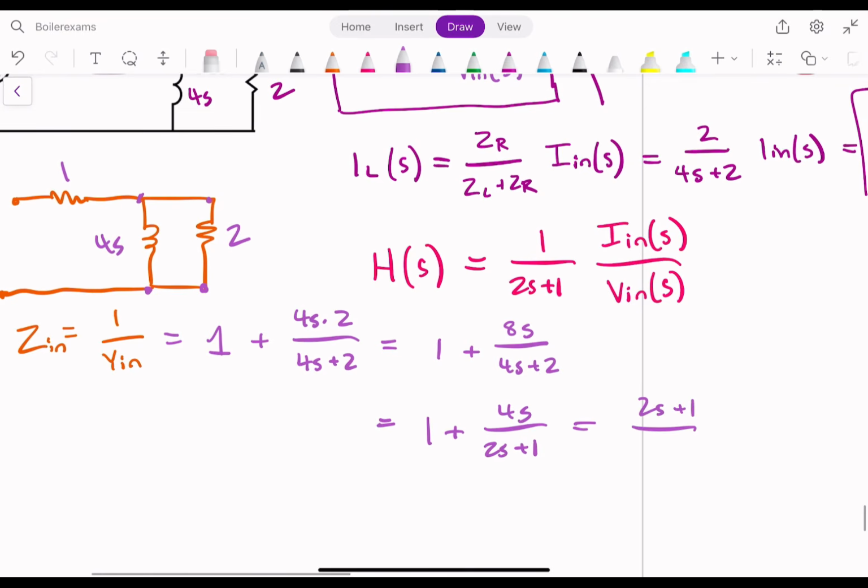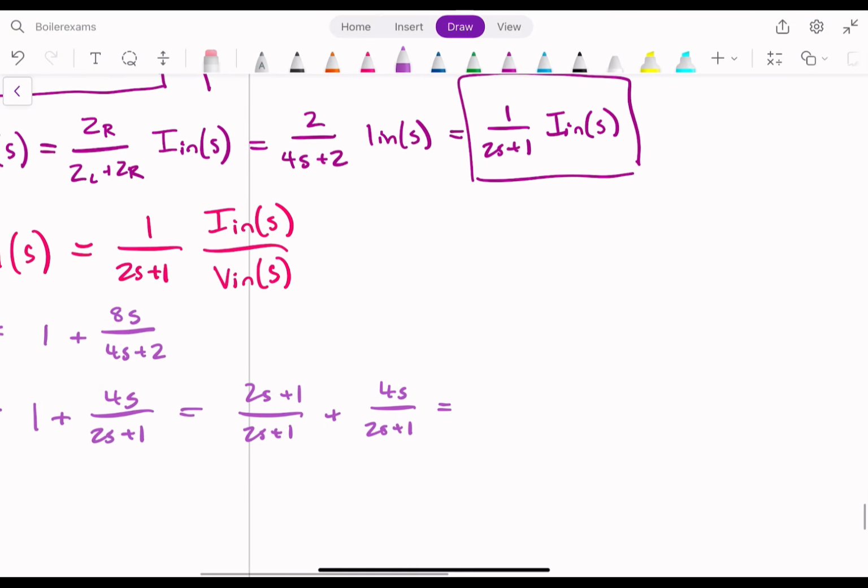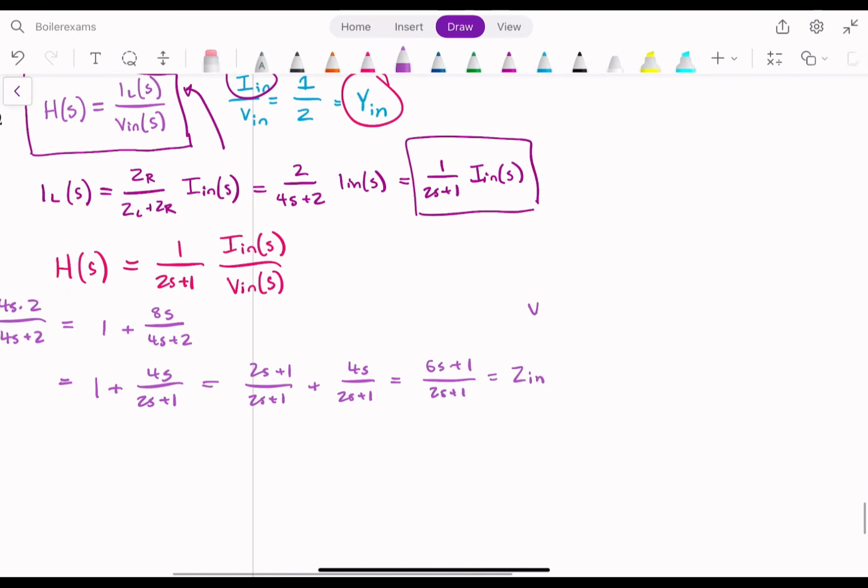We can write 1 as 2s plus 1 over 2s plus 1, plus 4s divided by 2s plus 1. This is equal to 6s plus 1 divided by 2s plus 1. And this is equal to the input impedance. And we want Y sub n, which is equal to 1 over our input impedance. And so this is just 2s plus 1 over 6s plus 1.